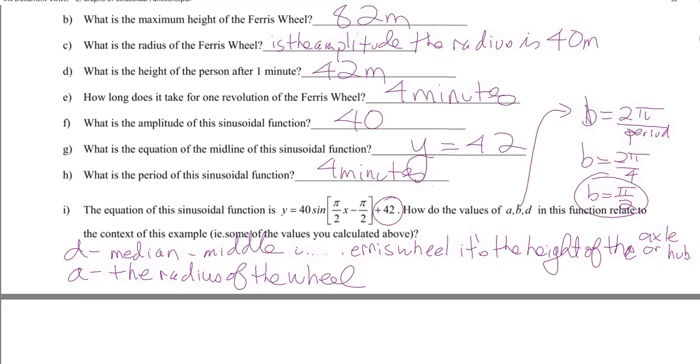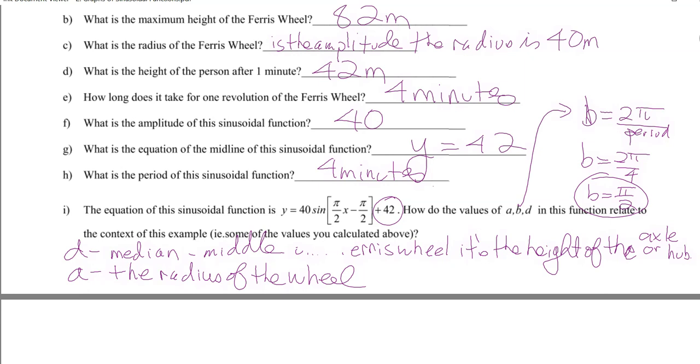So if we can figure out the period, and on this we did, the period is 4 minutes, then we can get the value for B. The value for D and for A we calculated, so we could have filled those in. We didn't need somebody to give us this thing. The one thing that we don't know yet is this value.